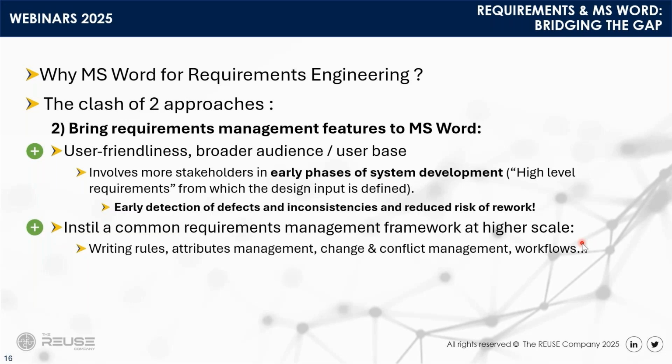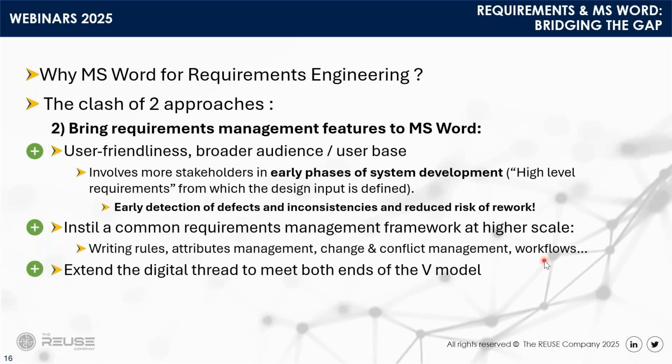Of course, if you do that in a standard requirements management tool, you can do it, but you're facing the other challenges that I was mentioning. So maybe you could use a platform like Word to do that, and we'll see how we do it later during the demo. Change and conflict management is also one of the aspects of collaboration that we'll see today, and creating workflows so that the process makes sense.